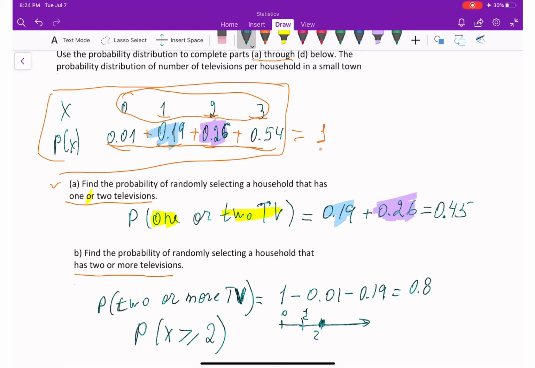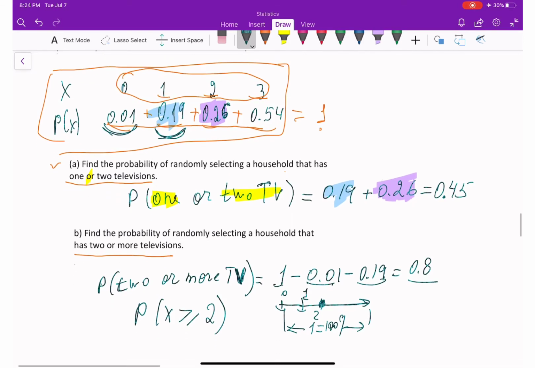So if I take the whole 1, which is 100%, decimal notation for 100% will be 1. If I subtract probability of 0 and probability of 1, here it is, 0 and 1, right here in this table, see? Then you will get 0.8, which means the probability of having 2 or more TVs is going to be 0.8.